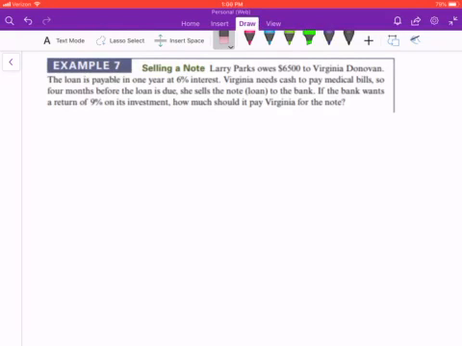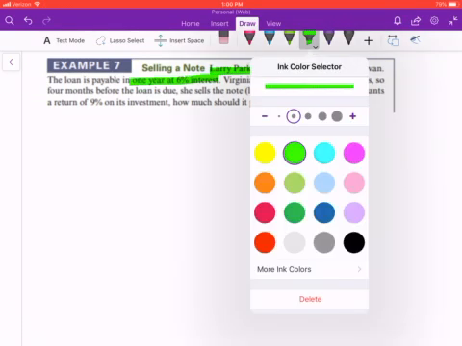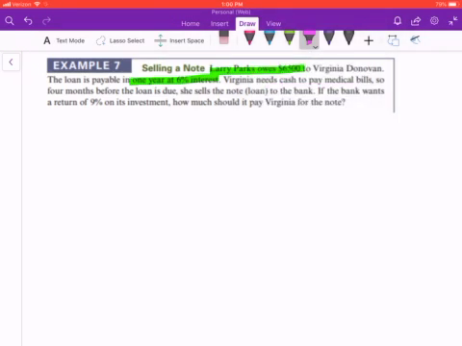So in this case, we have Larry Parks, and he owes $6,500 to Virginia. The loan is payable in 1 year at 6% interest. However, Virginia needs cash now to pay medical bills. And so she needs that 4 months before the loan is due.